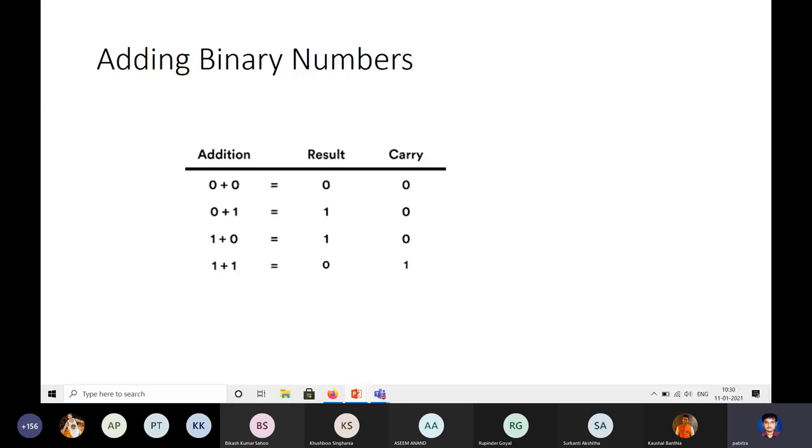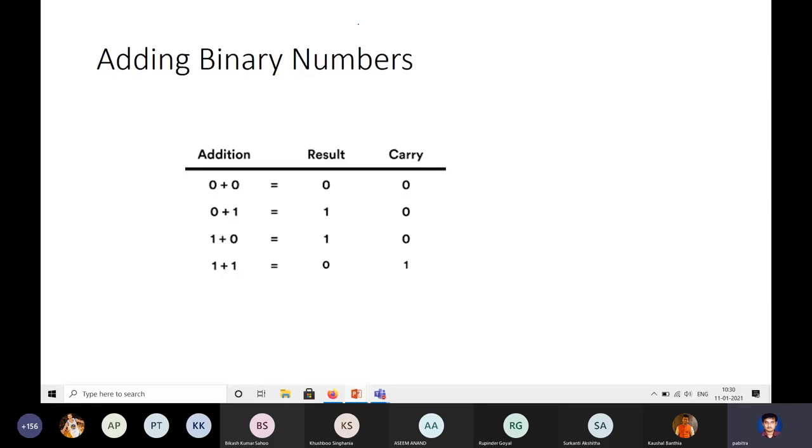Let's see. Let's try to just forget about this result and carry. Suppose I have two binary numbers 0 and 0. What is the sum? Sum is 0. So the binary representation of that is 0. Let me write it this way.